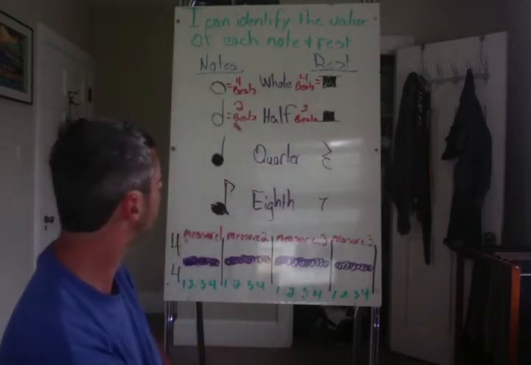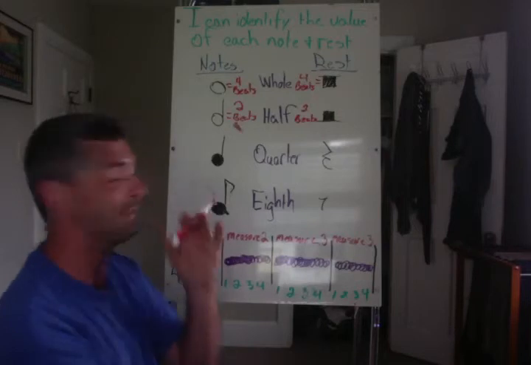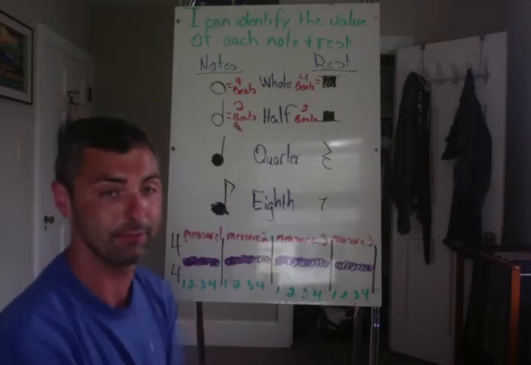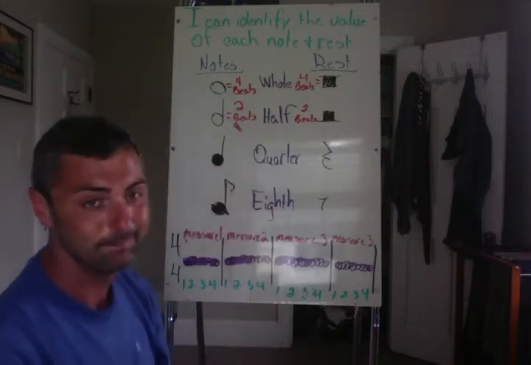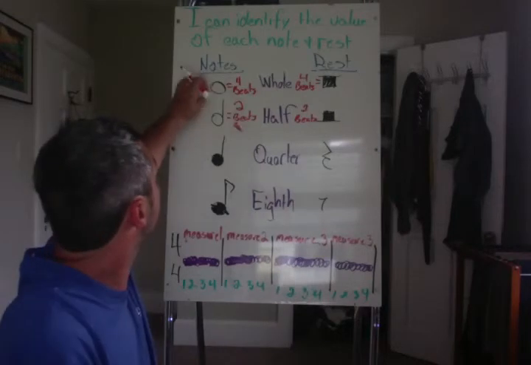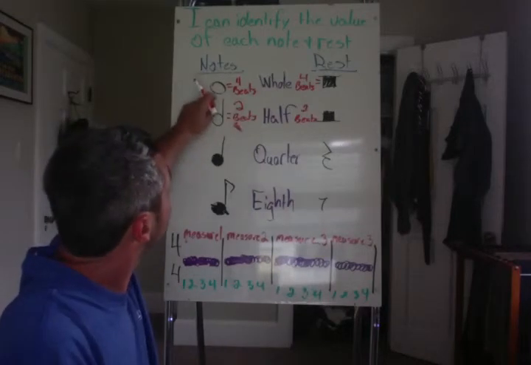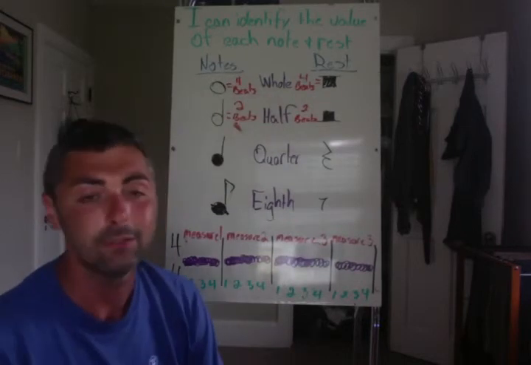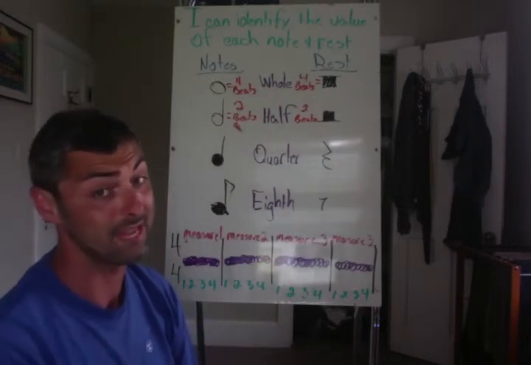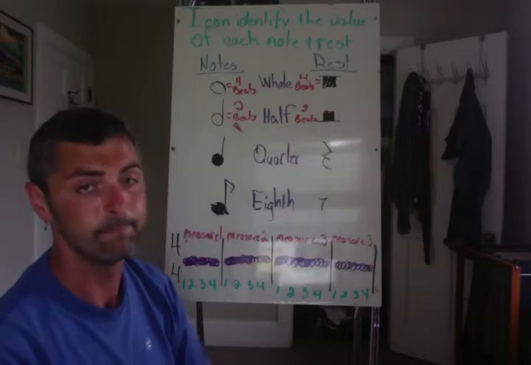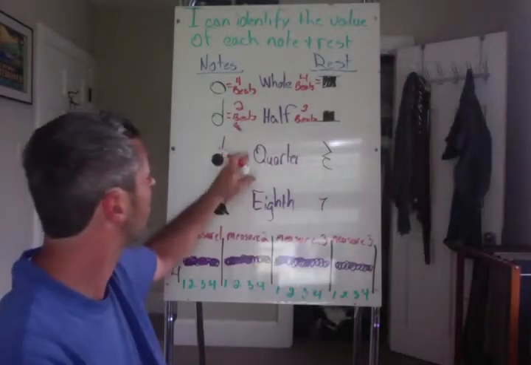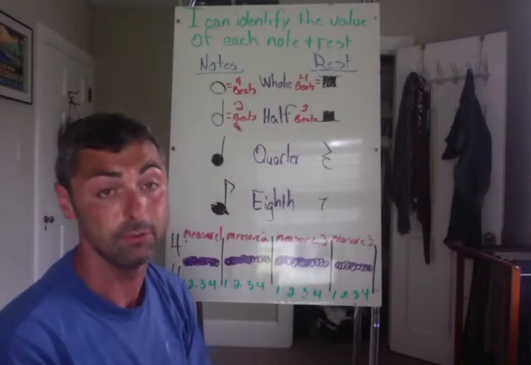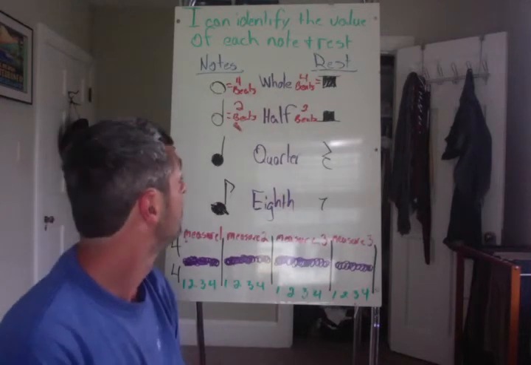Pretty cool. Now, here's where it might get a little tricky if you don't think hard. Now, we just cut this in half. Alright, half note is half of a whole note. Why is it called a quarter note? Because it's half of a half? It's because a quarter note is a quarter of the value of a whole note.